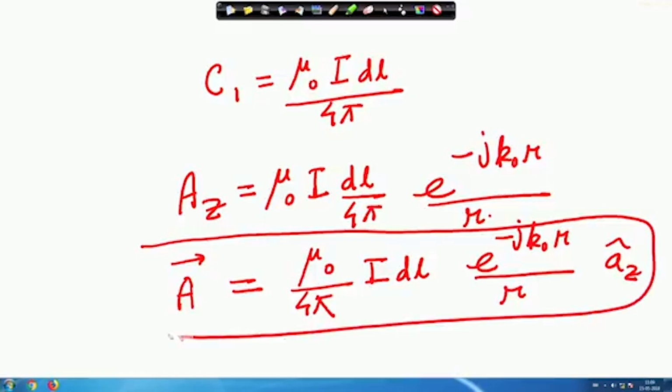So, solving the inhomogeneous Helmholtz equation, we could obtain the magnetic vector potential.